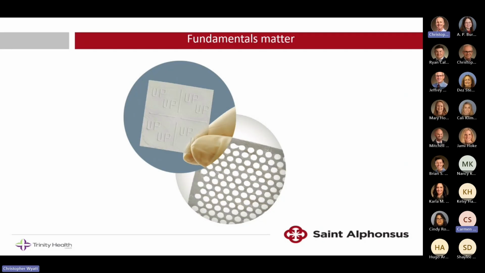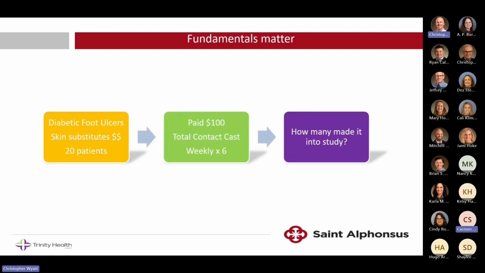One of my partners here did a study that was not published, but I think illustrates the importance of fundamentals versus expensive technology. The study was for diabetic foot ulcers, and they were comparing 2 different kinds of skin substitutes. It was a small study, about 20 patients, and they used the gold standard of treatment, which is a total contact cast.